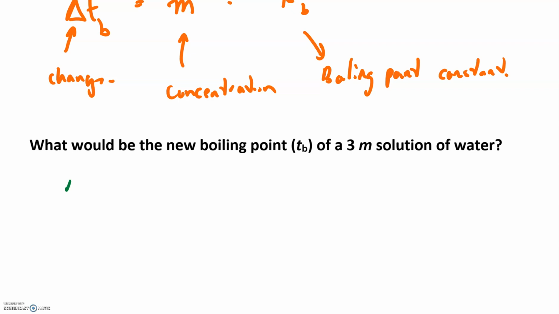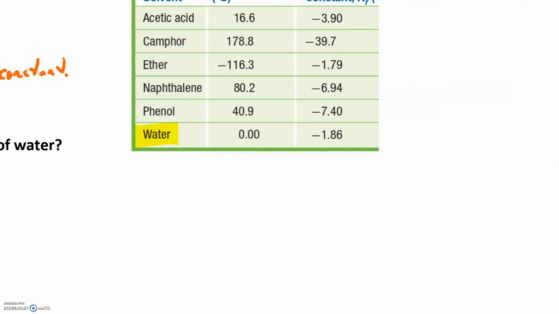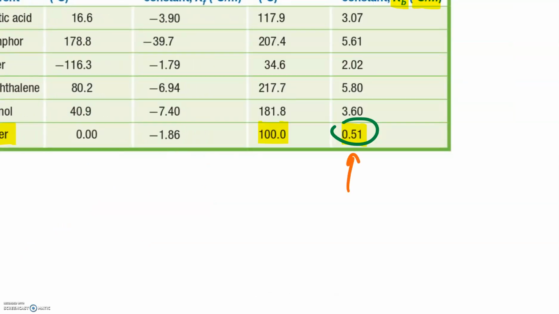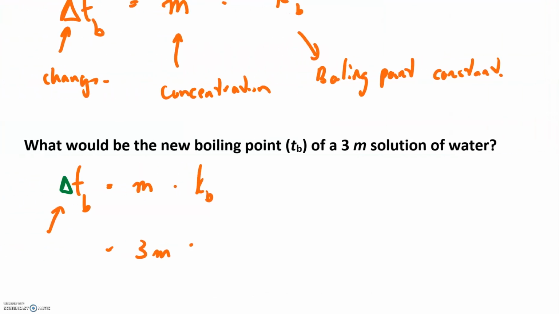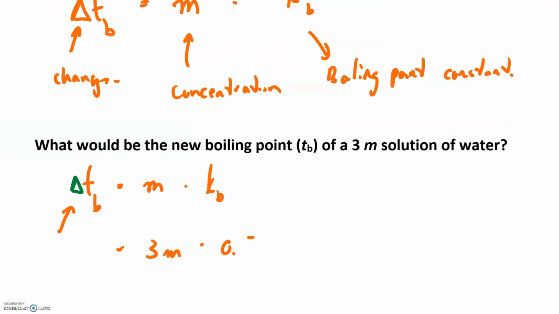Let's be careful because all this equation does is tell us the change. So we'd have to find the change and then add that to the new boiling point. So we've got a 3 molal solution. The Kb for water from this table right here is 0.51 degrees Celsius per molal.